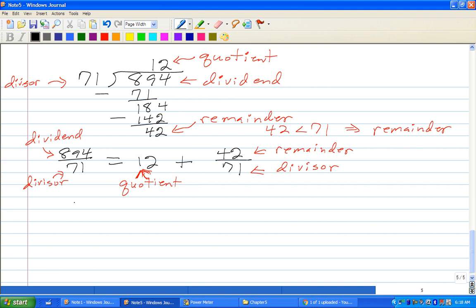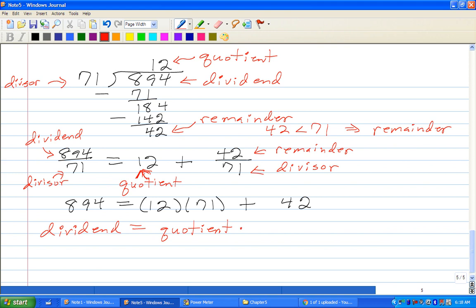So this just says that 894 is equal to 12 times 71 plus 42. And so this says that the dividend is equal to the quotient times the divisor plus the remainder.